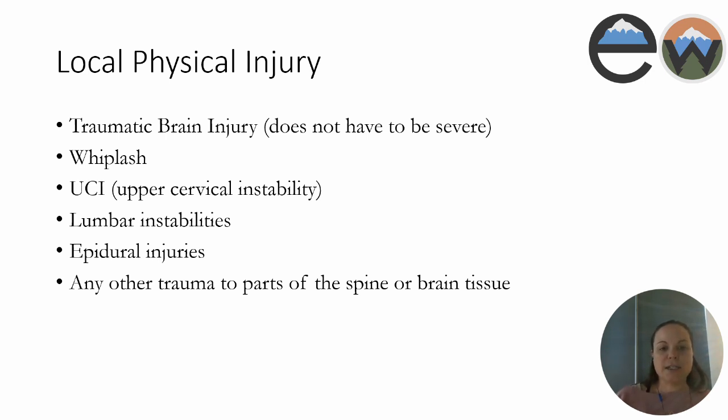Upper cervical instability can feed into this loop, and I'll probably have a whole separate section talking about this, about the mast cell component and upper cervical instability, but it has its own feedback loop. It's really a neuroimmune center of the body, that craniocervical junction.